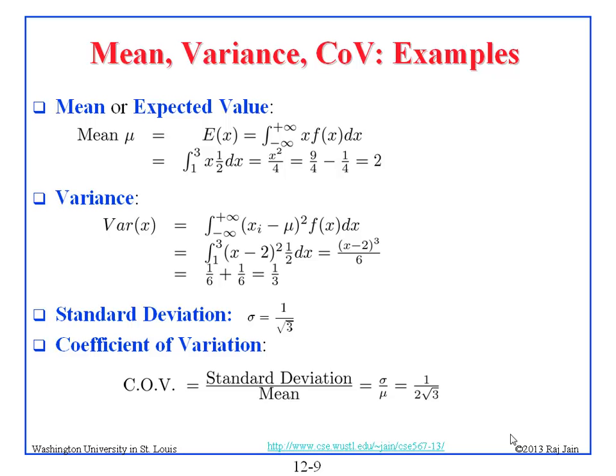So if you want to calculate mean value, then you take the expected value from minus infinity to plus infinity, x times f(x) dx. Now from minus infinity up to 1, it is 0 anyway, so you don't need to worry about that. And from 3 to plus infinity, it is 0, so you don't need to worry about that. So you really need to take the area under the curve between 1 and 3.